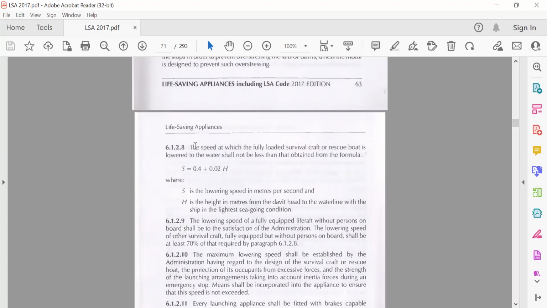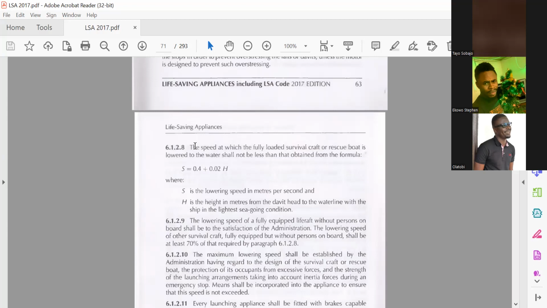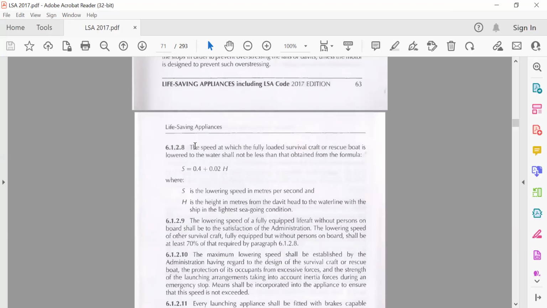There's low, there's high, so you can speed up this thing and it will go back to the water, and there's one you can do easy and it will just go. But whatever the case is, whether you are high or you are low, this is what the manufacturers must follow. The speed is 0.4 at the height of 0.02. That's what they must follow.